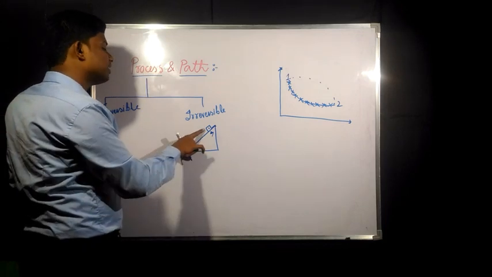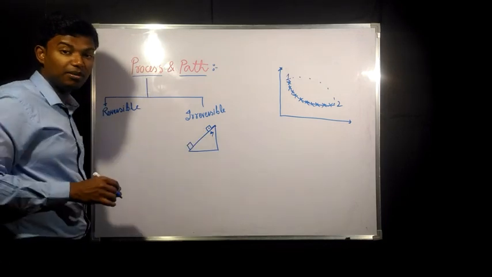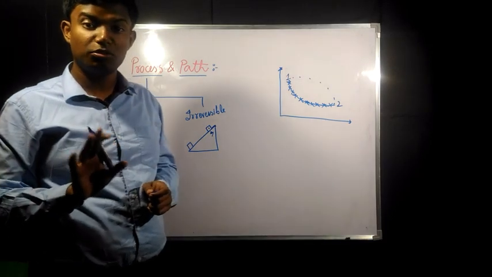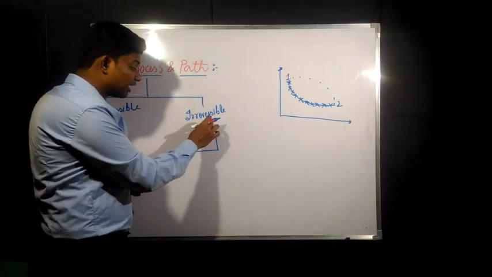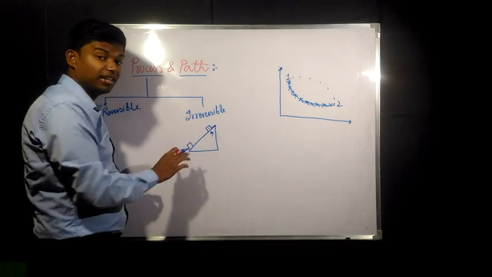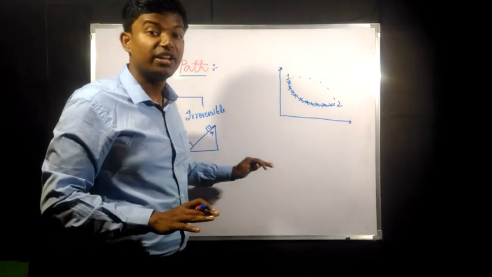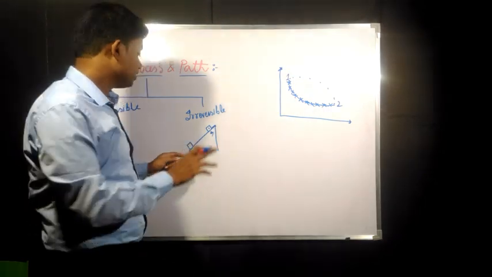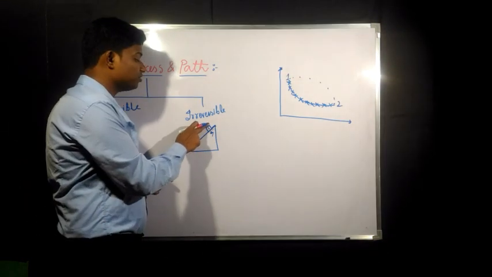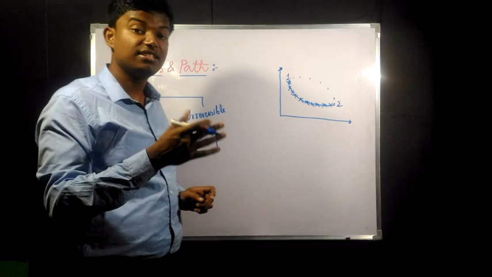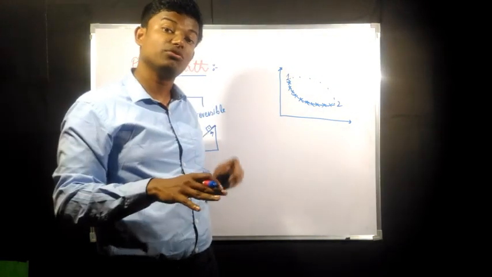Now if we push it back to the initial point, this doesn't mean that this is a reversible process. Why? Because while coming down from here to here, some of the energy is being expended due to friction. Now if I am again pushing it back to this place, again some energy is expended due to friction only.